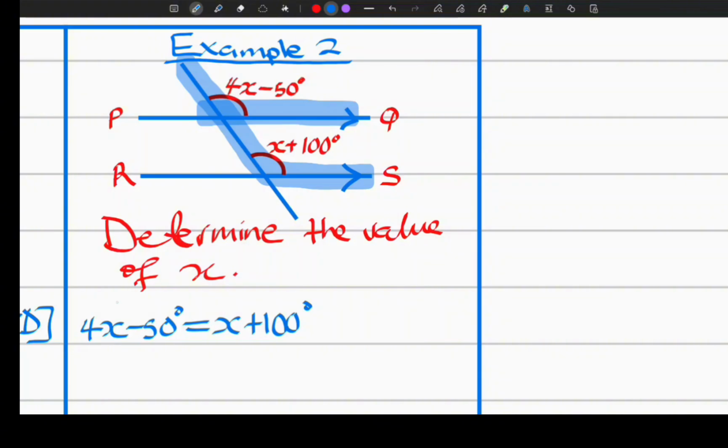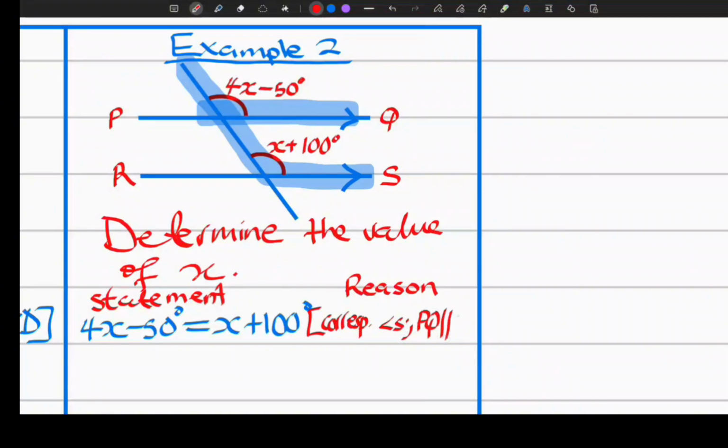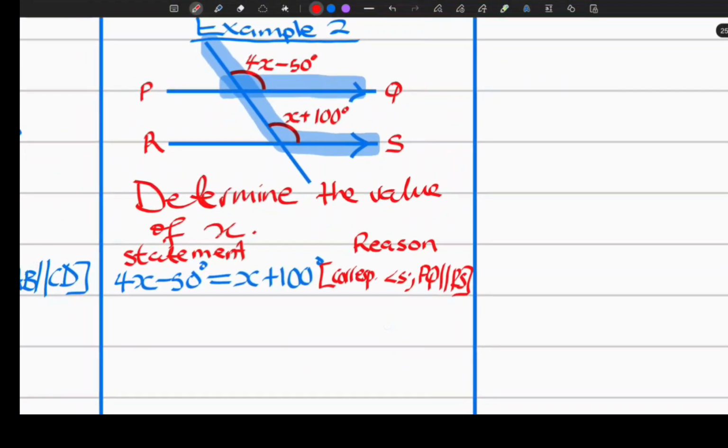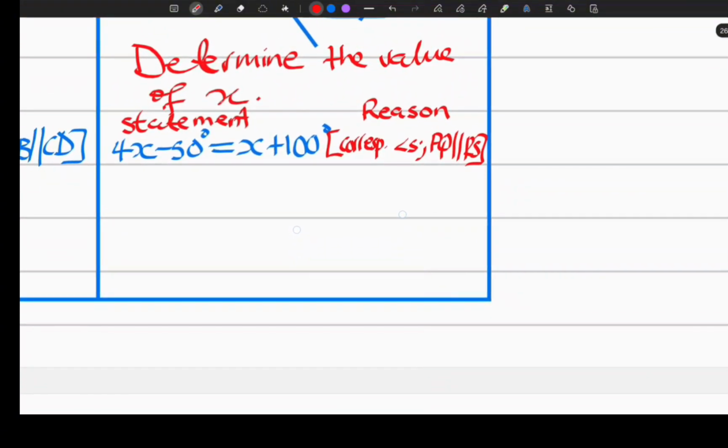This is our statement. Our reason, corresponding angles, PQ parallel RS. This time around, our parallel lines have been named PQ and RS. Right, so we have equated those two angles just because they are corresponding according to the theorem. All we have to do is to solve for x.